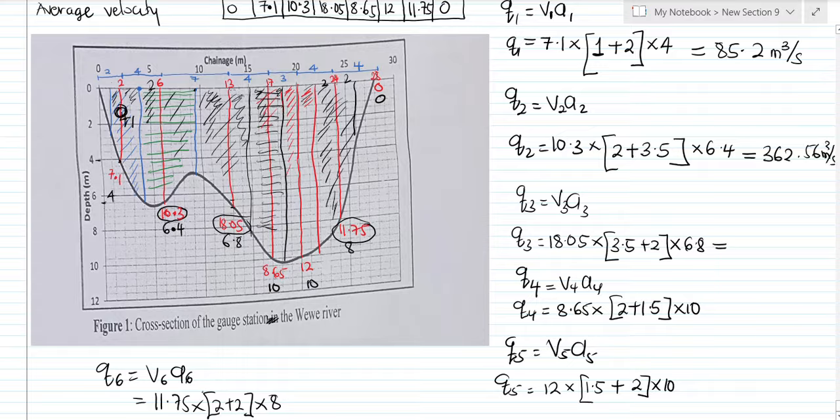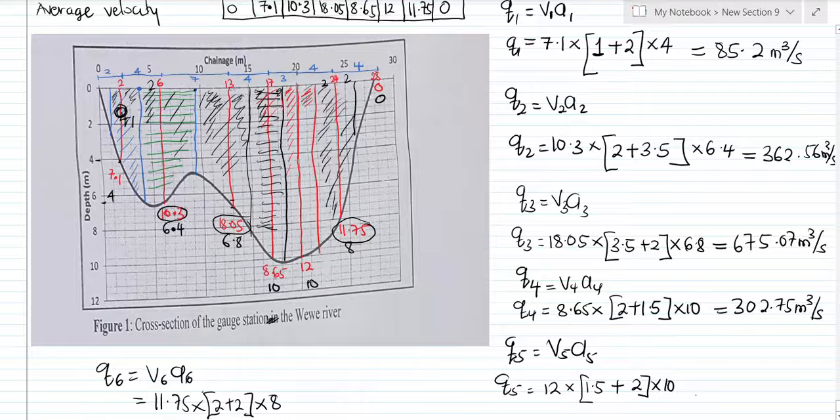Then we come to Q3, which is 18.05 times 5.5 times 6.8. That is 675.07 meter cube per second. Then we come to this side, which is 8.65 times 3.5 times 10, and that'll give us 302.75 meter cube per second.